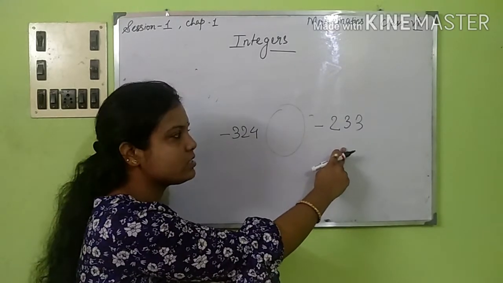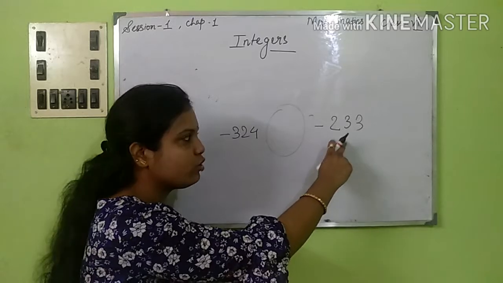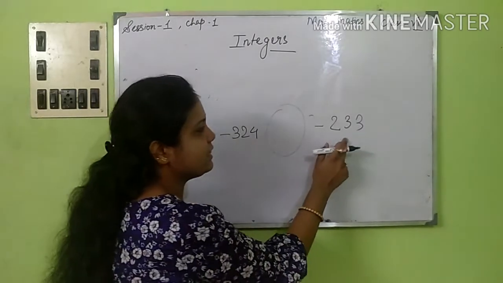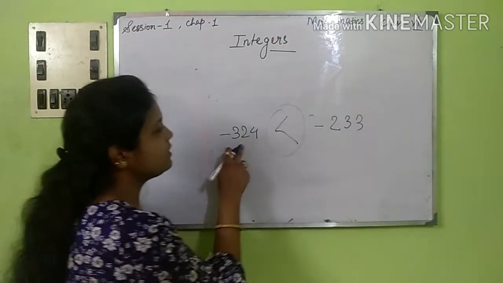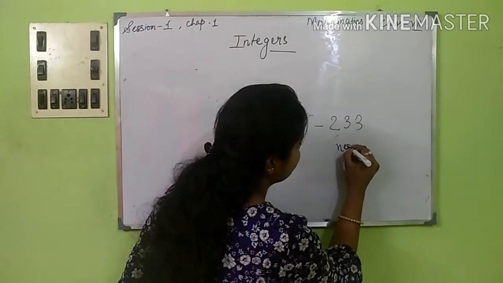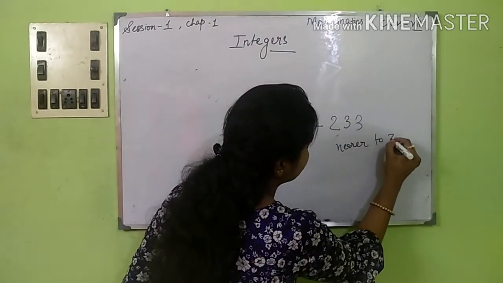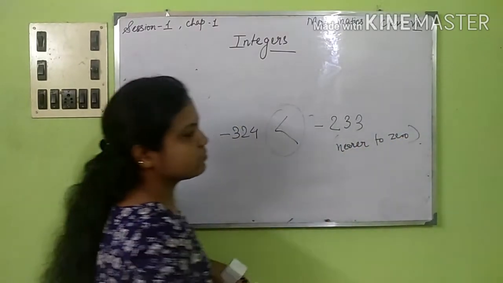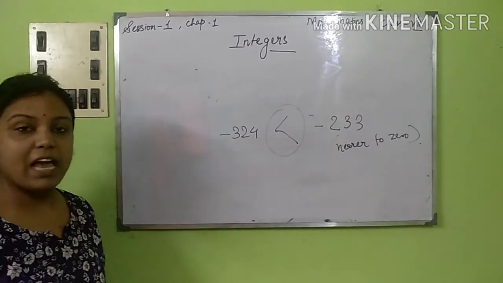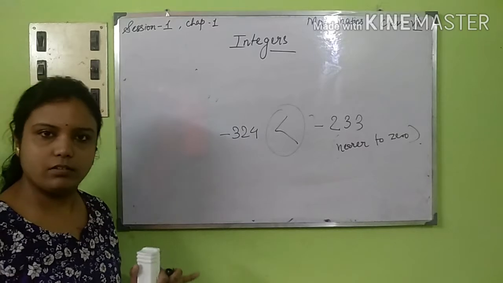Obviously the numbers near to 0 will be this, and the far from 0 will be this. That means this number is bigger than this number. This is nearer to 0, right? So this is greater than this. I hope I'm very clear with this topic, right?